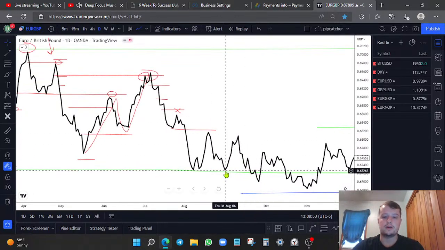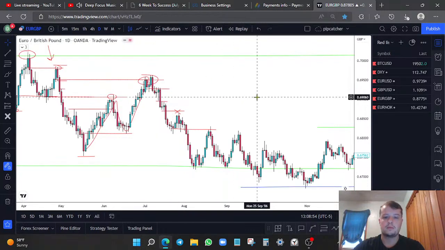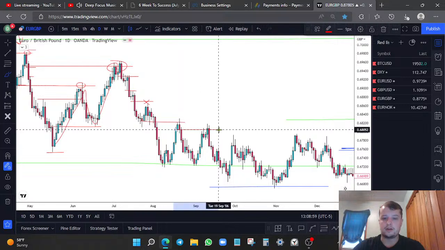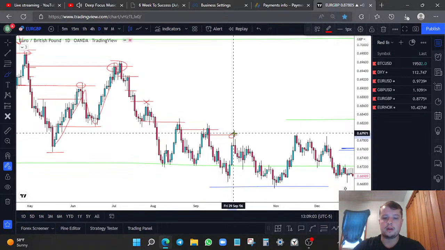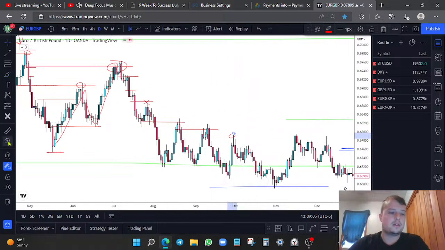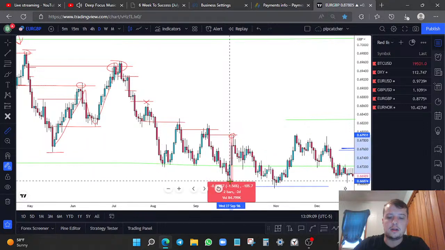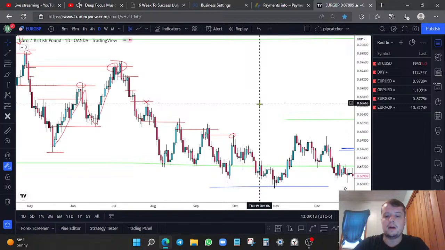And then we continue to go lower. Price retraces off the high supply, another high supply right here, boom. These are clean setups, guys. So from this high to the low would be our TP, 104 pips, not bad.